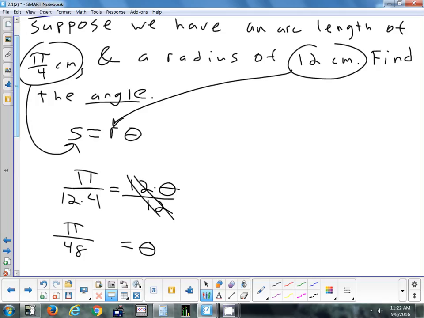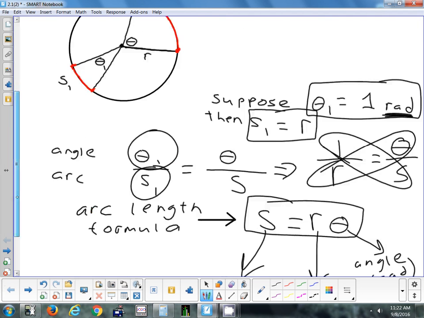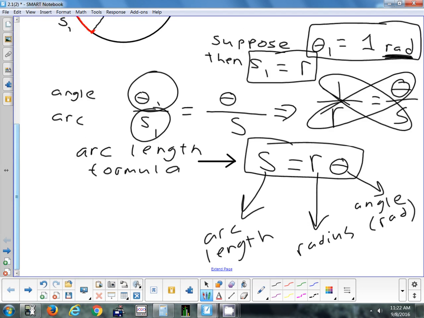That's not an arc. That's not a radius. So that's not a length. So what should be my unit on my angle? So think about in this formula, what did we say angles are always measured in? Yeah, always measured in radians.